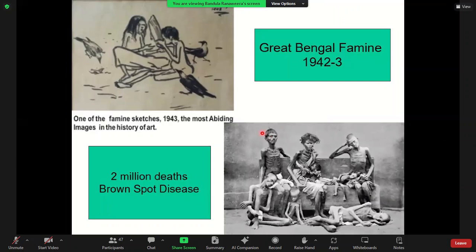Then some other examples: in our neighboring country, India, there were also famines caused by various plant disease epidemics. Due to the destruction of fields of rice and wheat mainly, in India there were deaths of people.